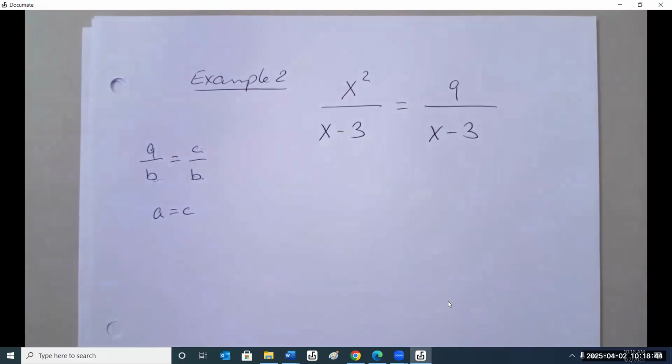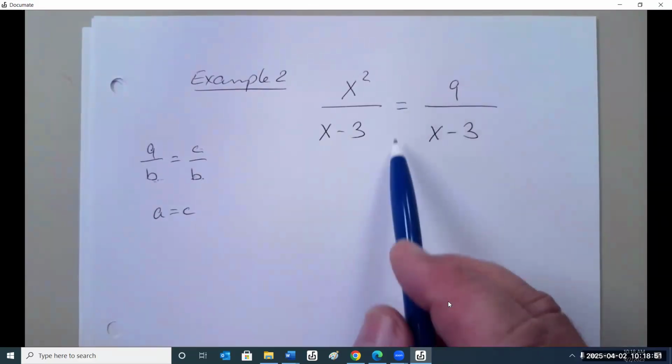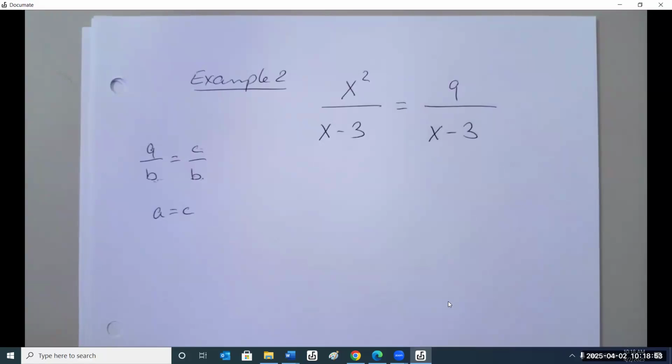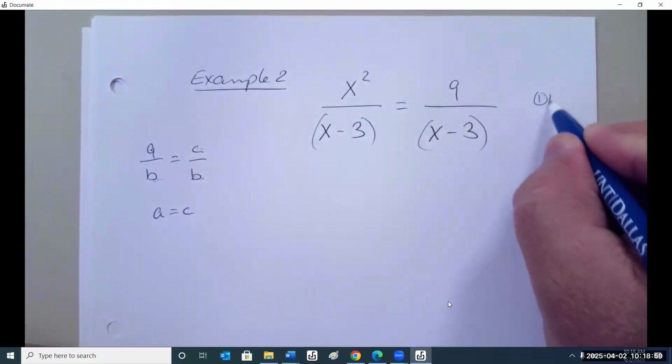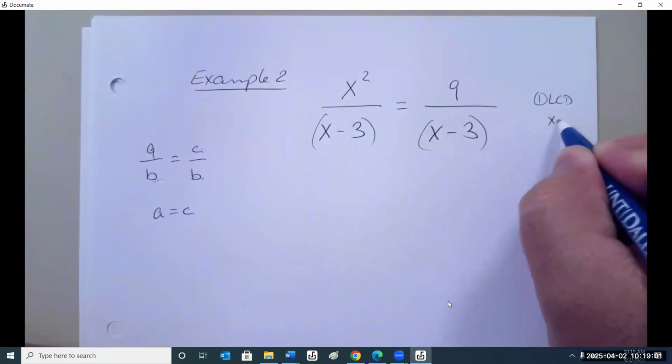So now let's look at this. Does that go along with what we just talked about? We have fractions. What's the first thing we have to find? The LCD. What's the LCD? The LCD is x minus 3.